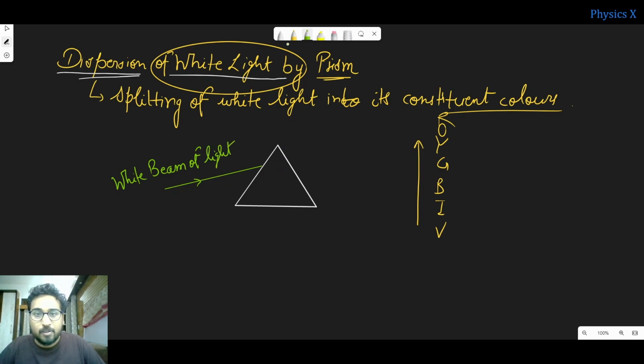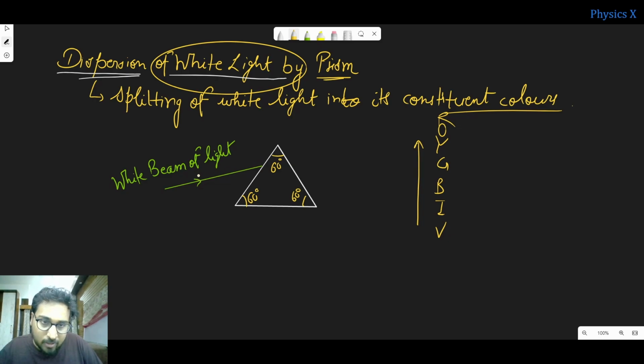We have a triangular prism, and these three angles are 60 degrees. That means the triangle shape is an equilateral triangle.